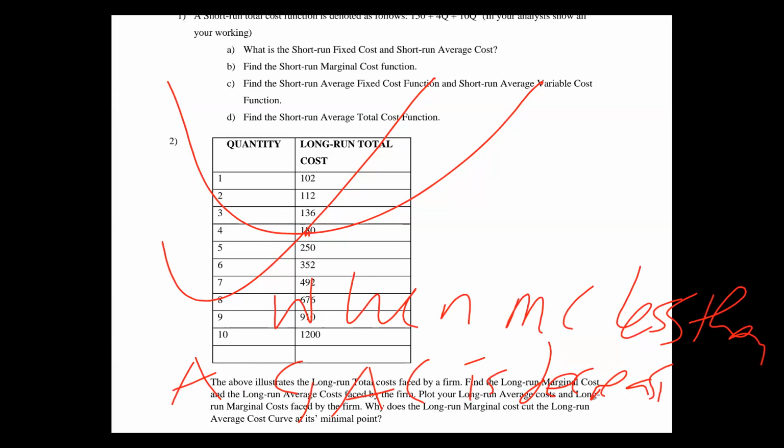The average cost shall decrease to follow the marginal cost. Then when the marginal cost is greater than the average cost, the average cost will start increasing. That is why it cuts it at its minimum.